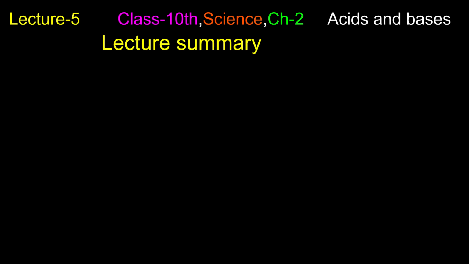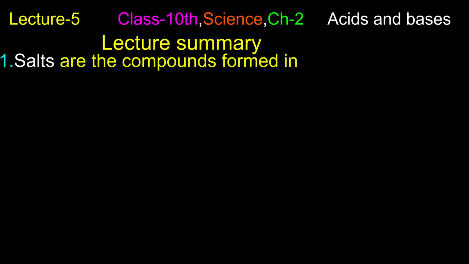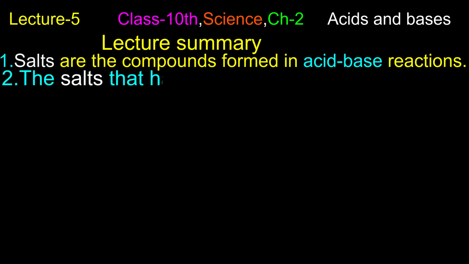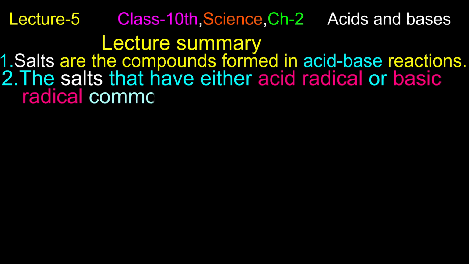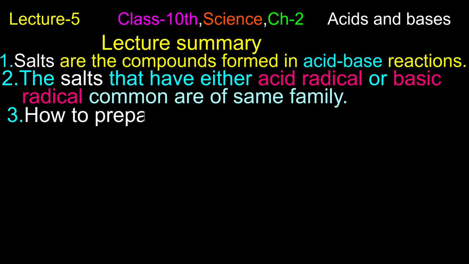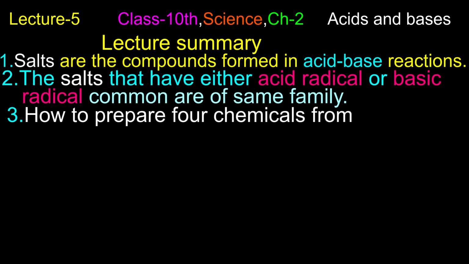In today's lecture, we learned number 1, salts are the compounds formed in neutralization reactions or acid-base reactions. Next, at number 2, we learned that the salts that have either acid radical or basic radical common are of the same family. Number 3, we learned how to prepare 4 chemicals from table salt or NaCl.